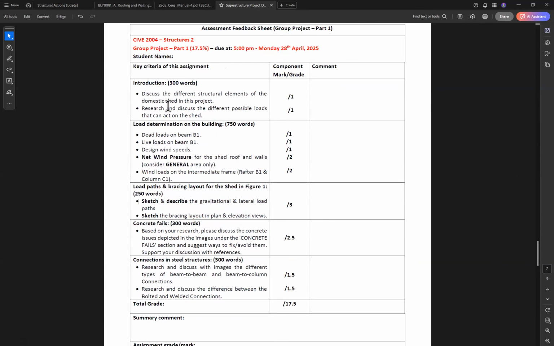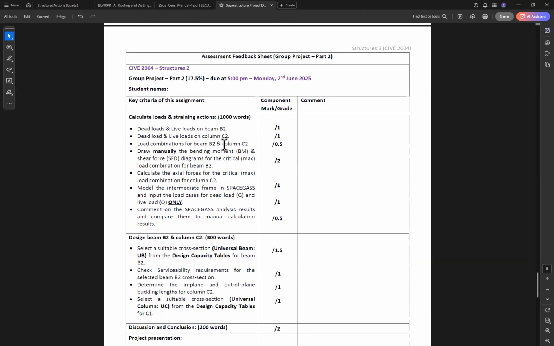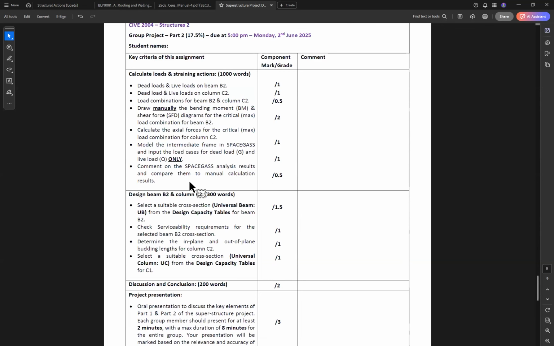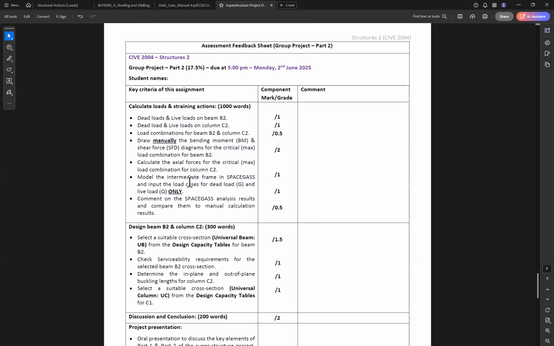But for example, in the first part, we don't have much calculation. Most of the calculation is focused on the second part of the assignment. In the final exam, there will be questions about how to design beams and columns. So it is good to be familiar with how to design beams and columns to pass the exam or to get a high grade in the exam.